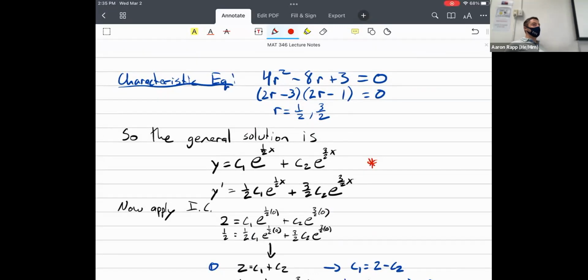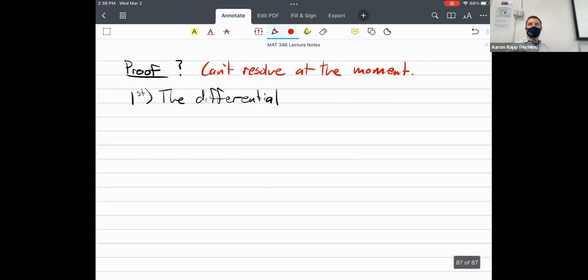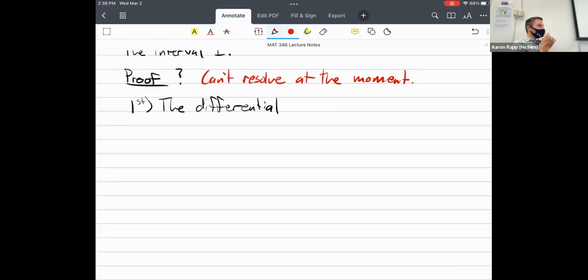An infinite number. So for the differential equation itself, there's always an infinite number. It's infinite because there's this constant multiple that I get to choose, and that can be any number. And since there's an infinite number of real numbers, there's an infinite number of solutions. So the differential equation itself is not going to ever be able to guarantee me uniqueness. The differential equation will only be able to guarantee me existence of a solution.